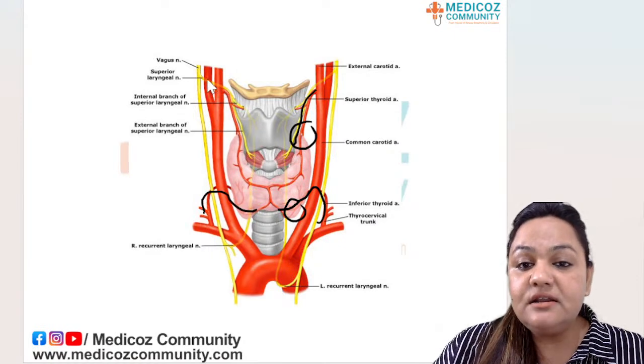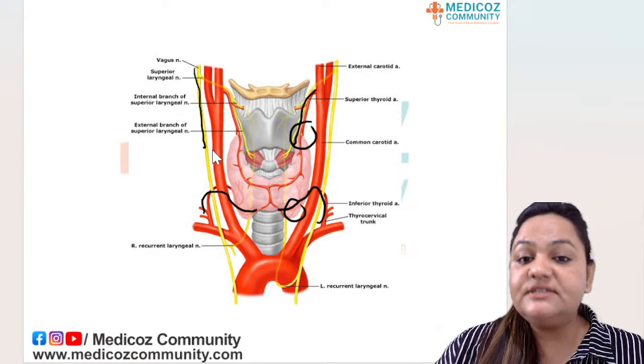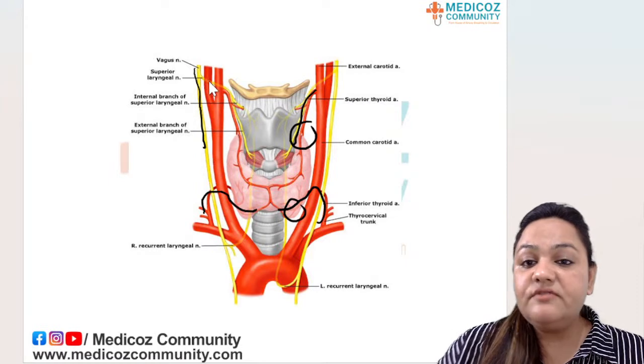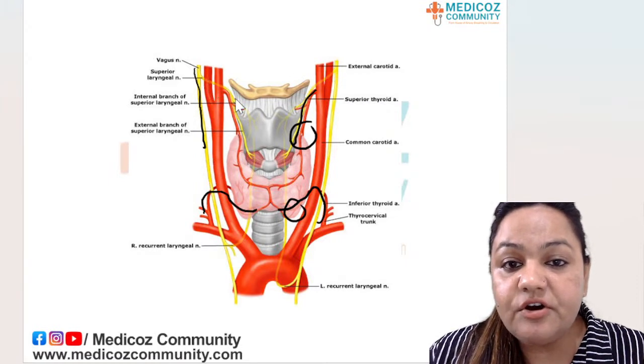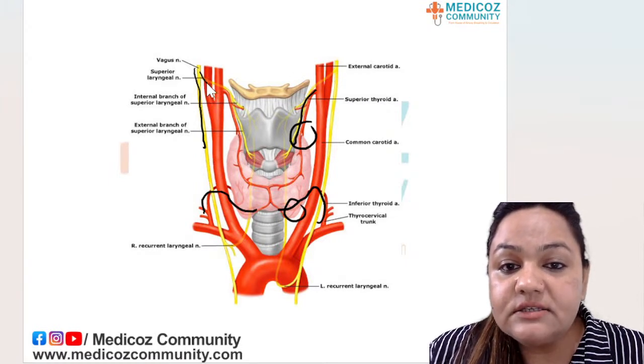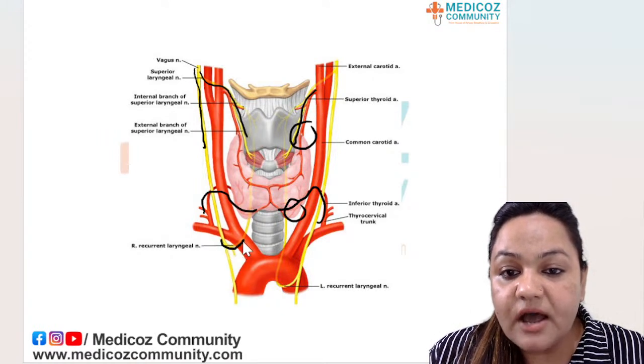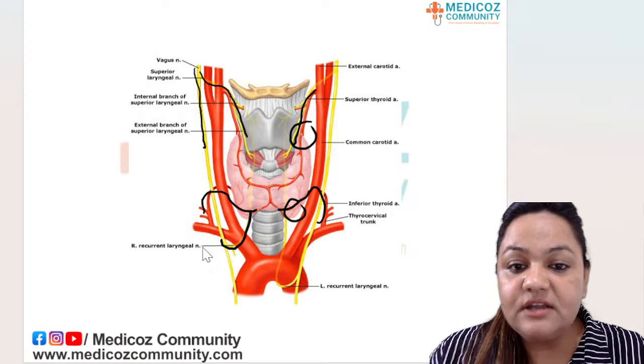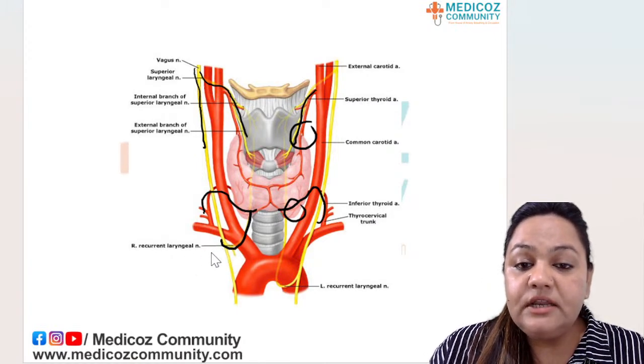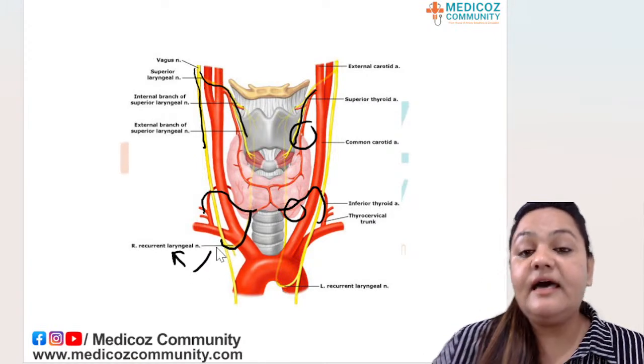Now you can see in this diagram we have a nerve, which is the vagus nerve. This vagus nerve is giving a branch here, which is the superior laryngeal nerve, and here we have a branch arising from the vagus nerve, and the name of this nerve is recurrent laryngeal nerve.